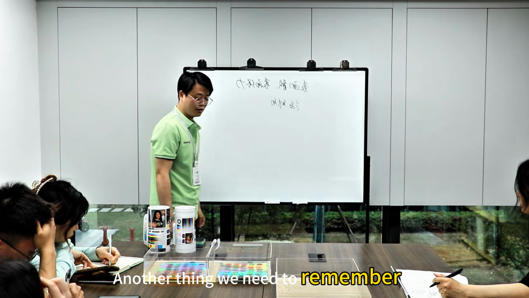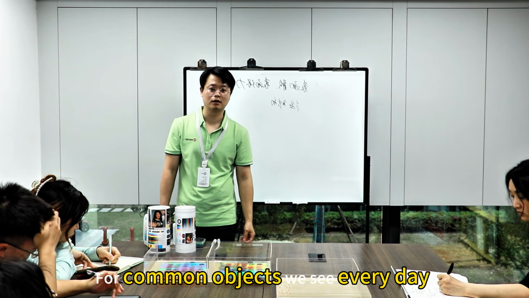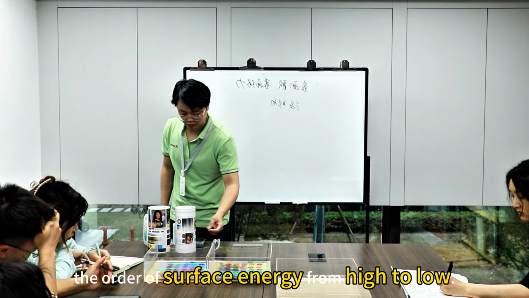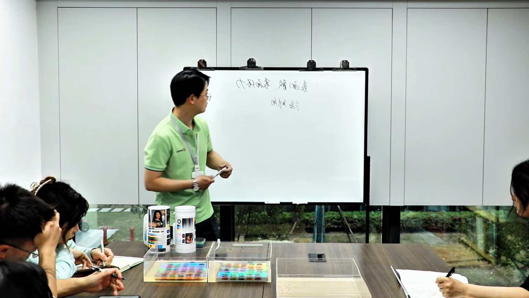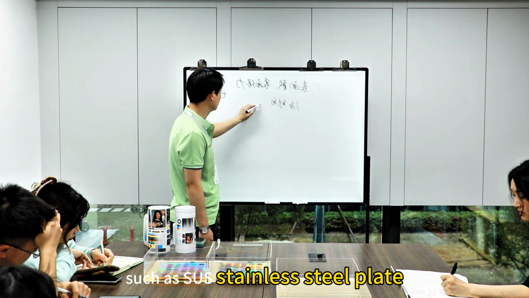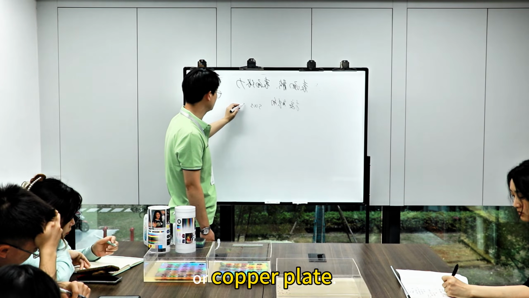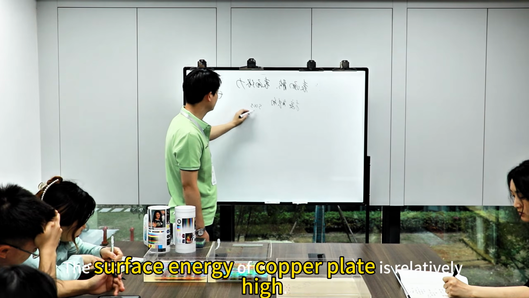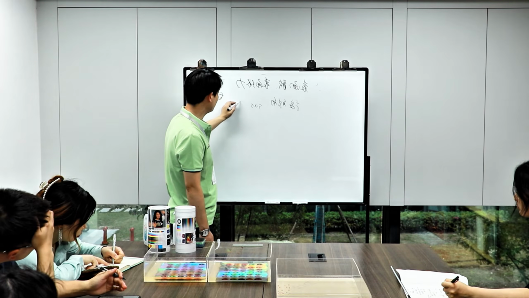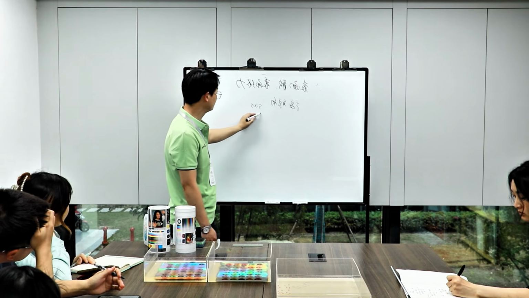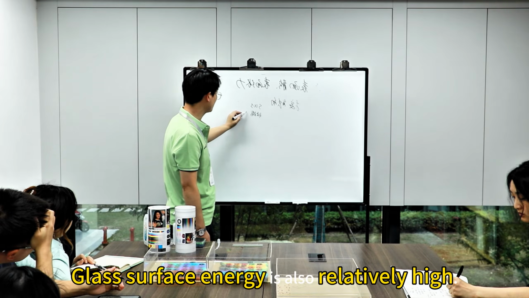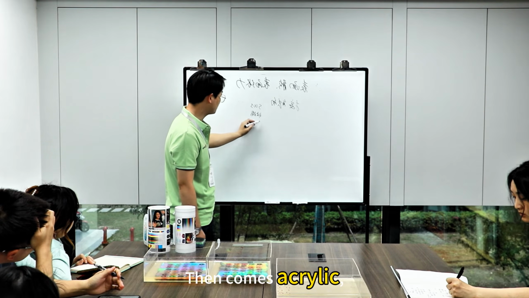Another thing we need to remember is, for common objects we see every day, the order of surface energy from high to low. For metals, such as stainless steel plate or copper plate, the surface energy of copper plate is relatively high. Then comes the glass plate. Glass surface energy is also relatively high. Then comes acrylic.